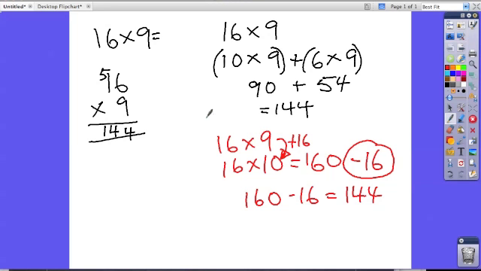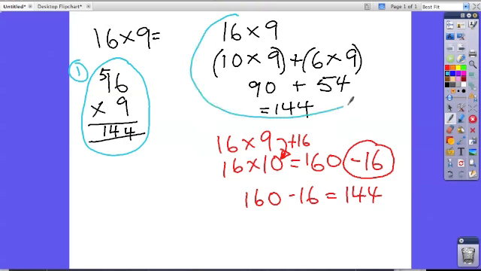So here we've got three different methods. Let me just change colors. We've got method 1, which is the algorithm, which really requires you to use paper. You've got method 2, which is separating the 10s and the 1s. This doesn't require you to use an algorithm.